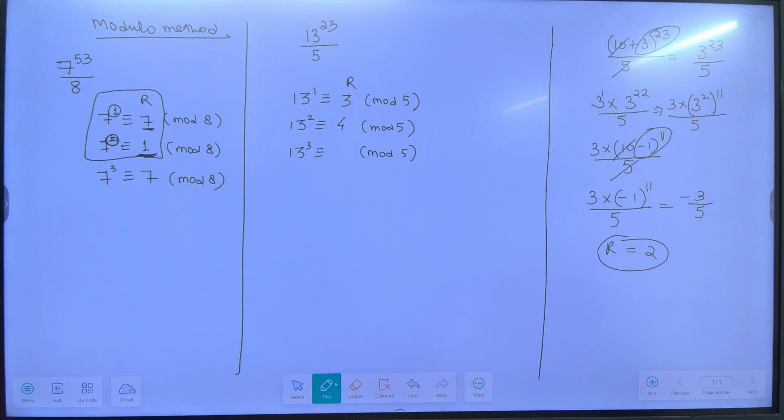Two one nine seven. 2197 when divided by 5, remainder is 2. Think about it: 2197 is 2195 plus 2, so 2195 will be divided by 5 and 2 will be the remainder. Remainder is 2.